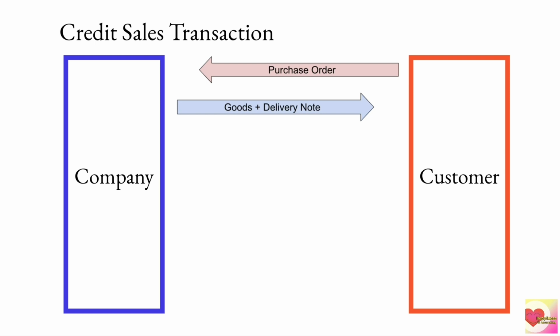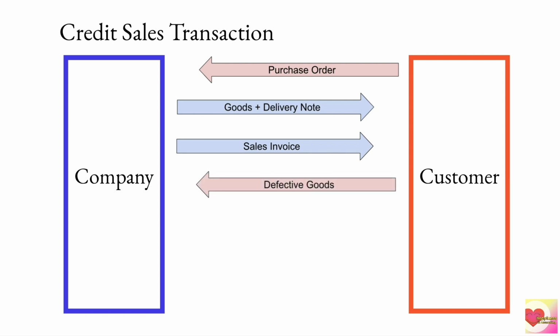Then, from the details in the delivery note, the company will create a sales invoice and send it to the customer. If there are some defective goods, the customer will return them to the seller, so the company will receive those returned defective goods.